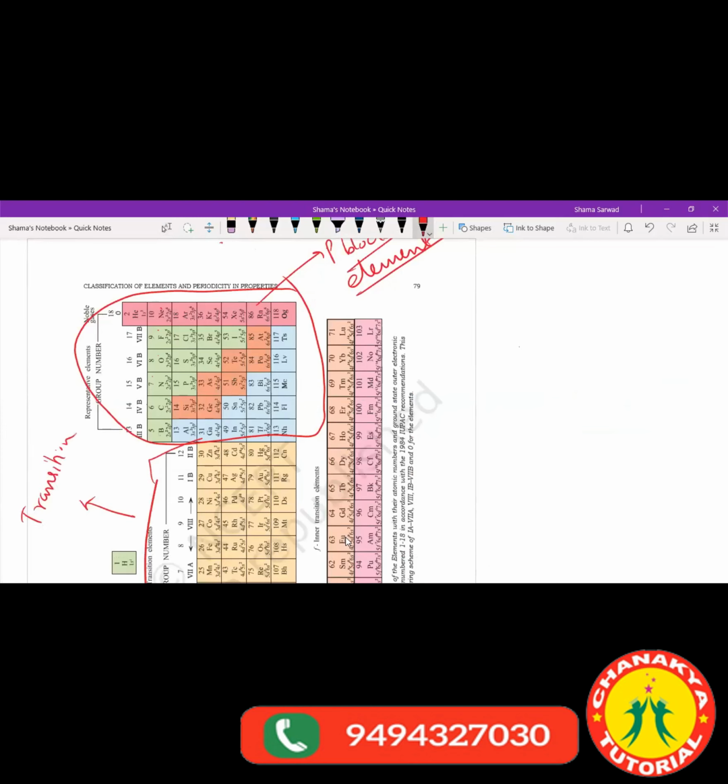And these transition metals have d orbitals inside them. Yes, these are transition metals, and they have d orbitals.